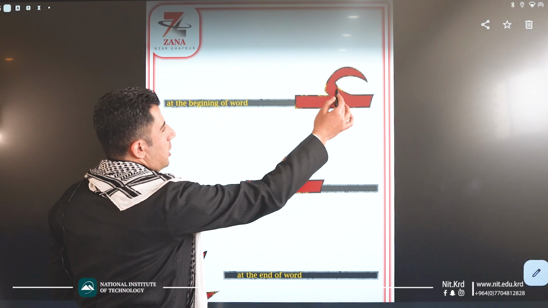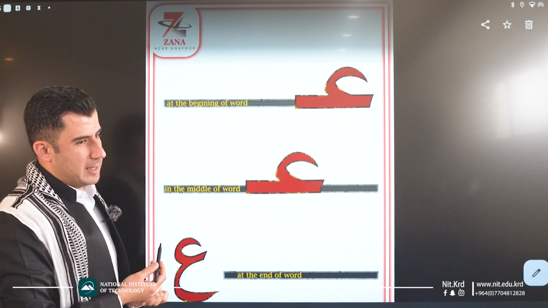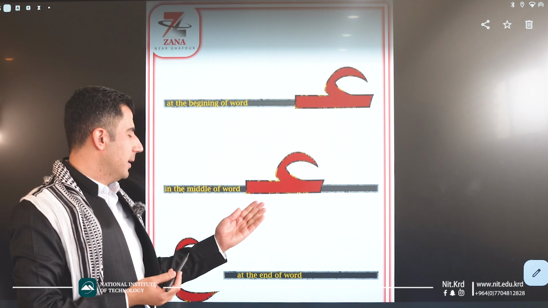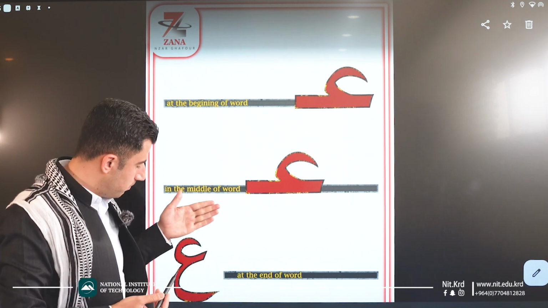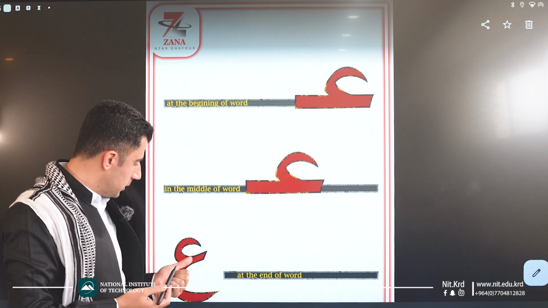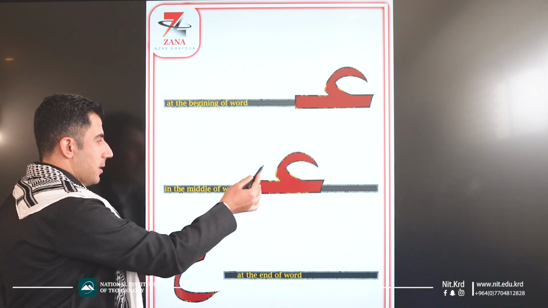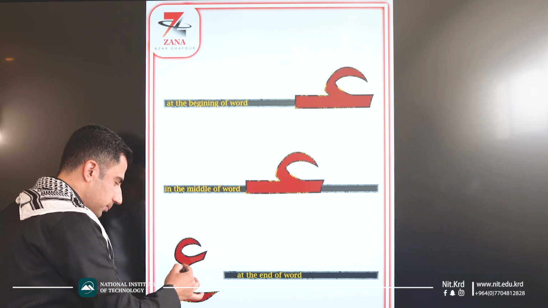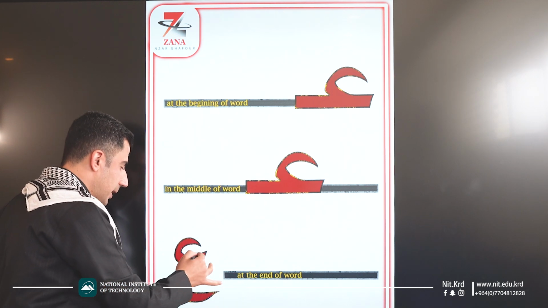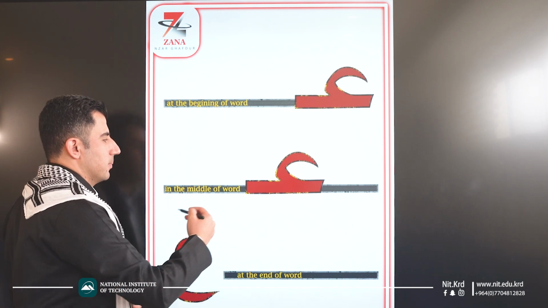This is the shape at the beginning of the word. This one is in the middle of the word. But when we come to the end of the word, the style will change to this one. We have to write it down like this.